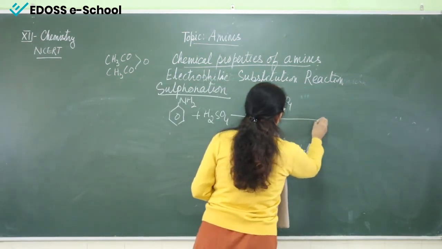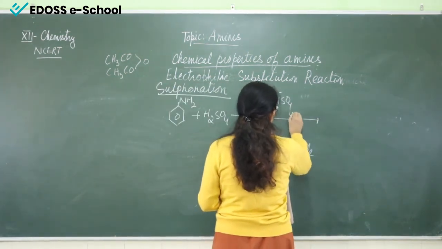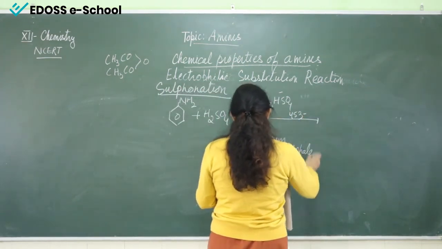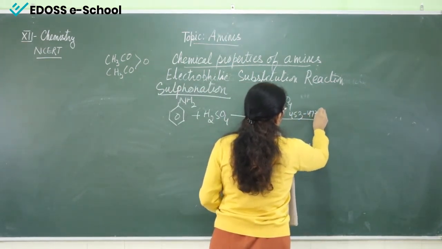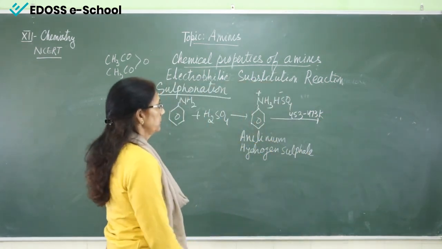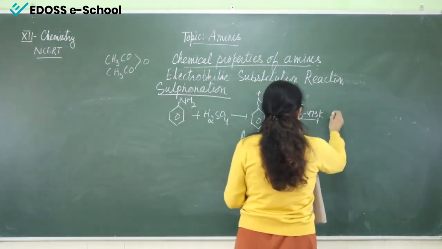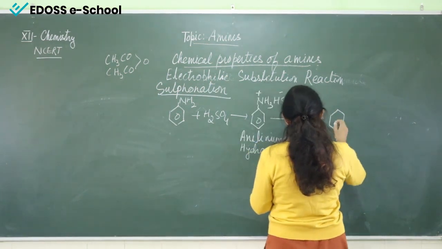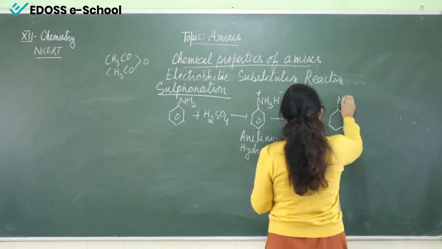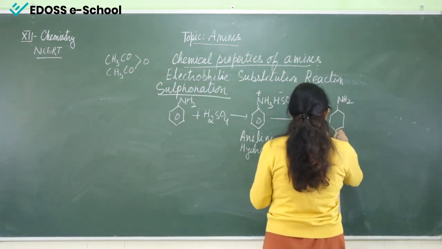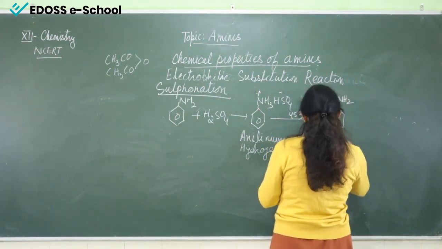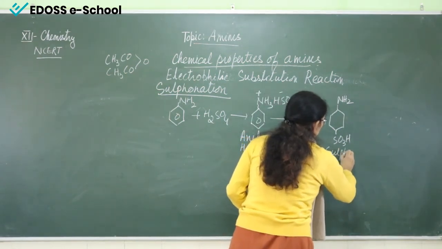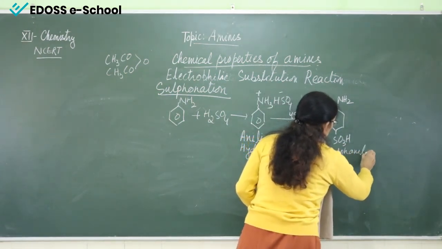Now this intermediate product is heated at 453 to 473 Kelvin. So what we get? We get sulfanilic acid.